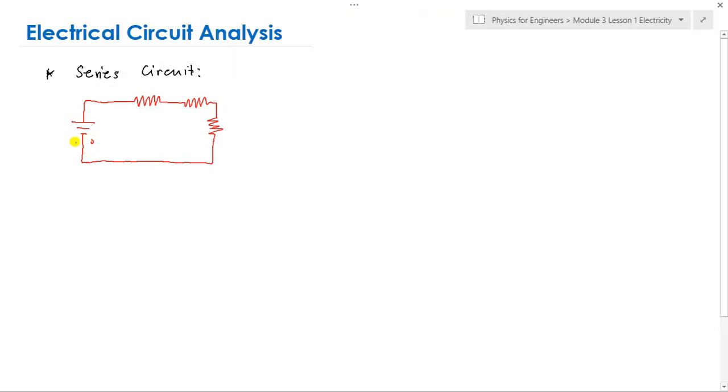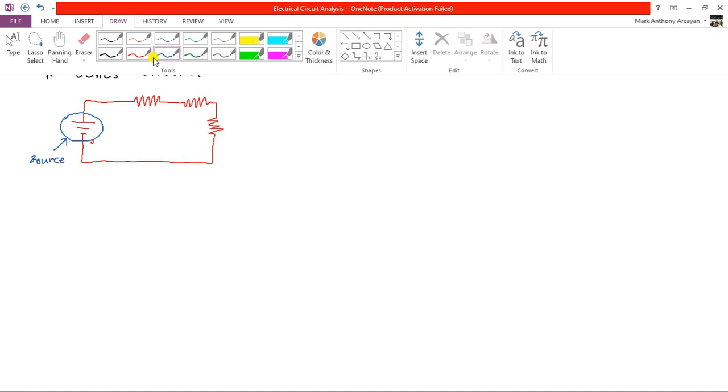Here we have our power source, this is our source of power. That is our battery.